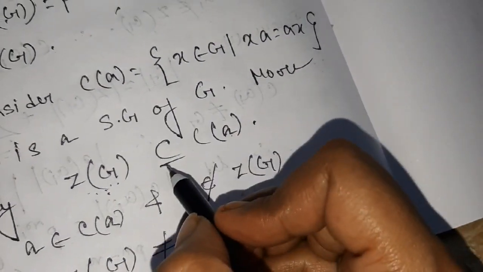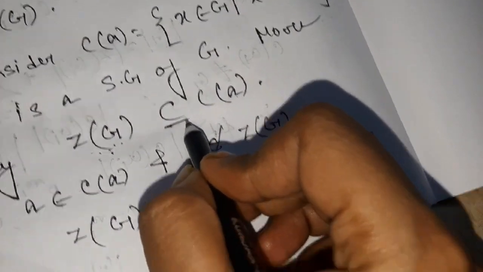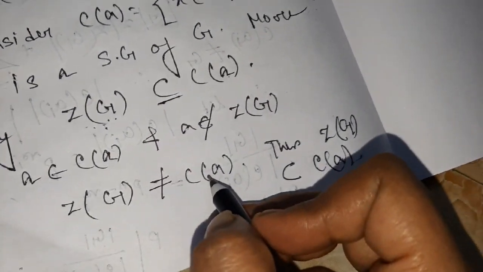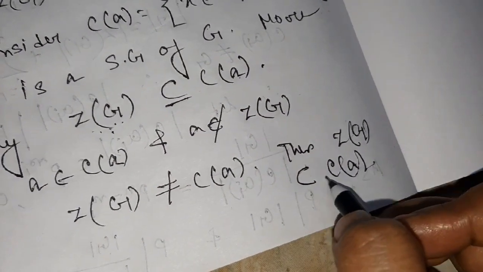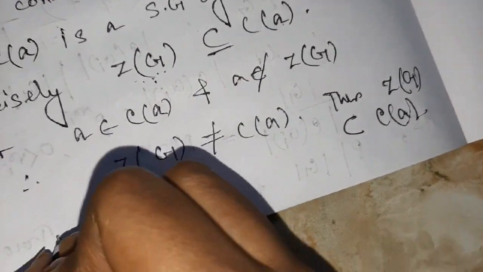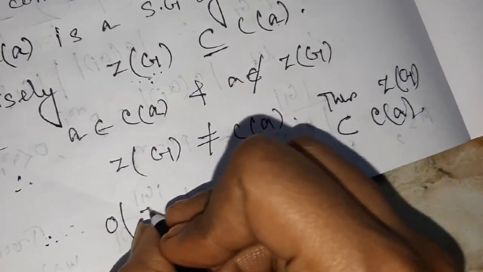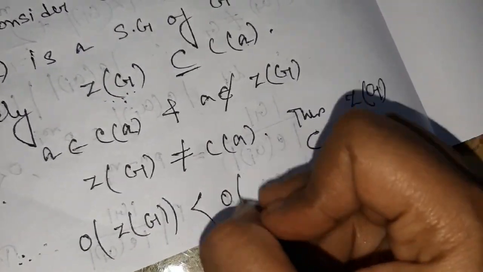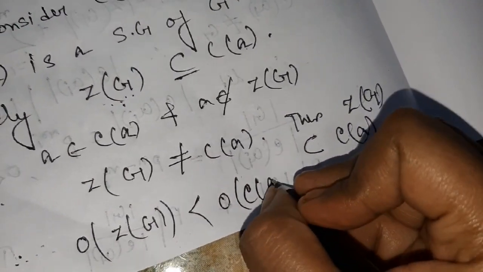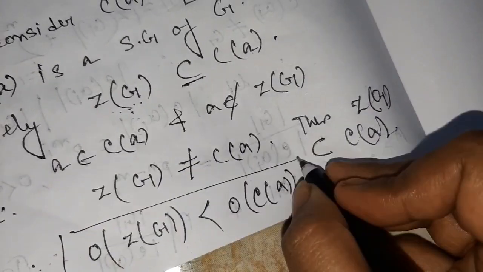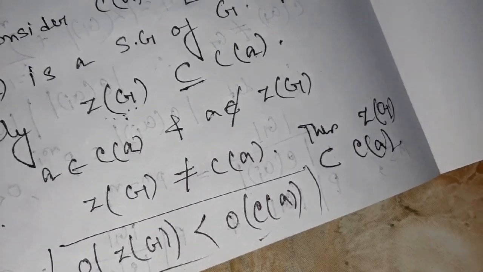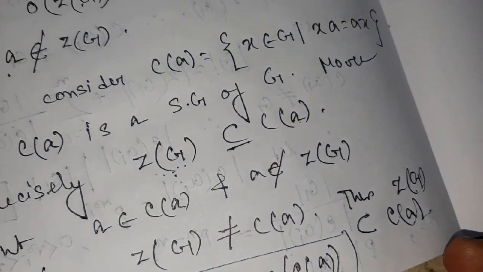Right? That means this portion is cancelled out. It will not exist. ZG is not equal to C of A. So, ZG will be a subgroup of C of A. Thus, the order of ZG is less than the order of C of A. Okay, this is a very important step.